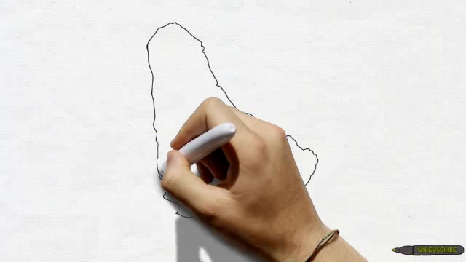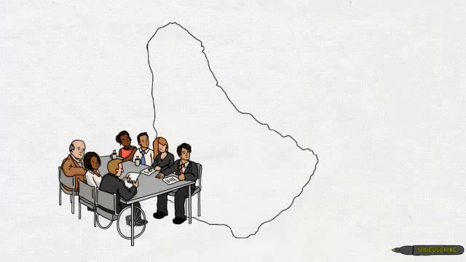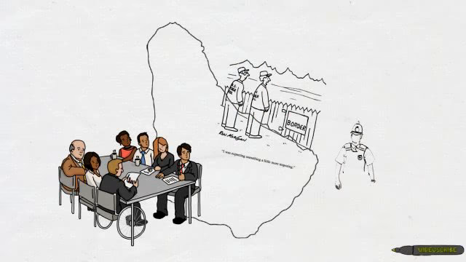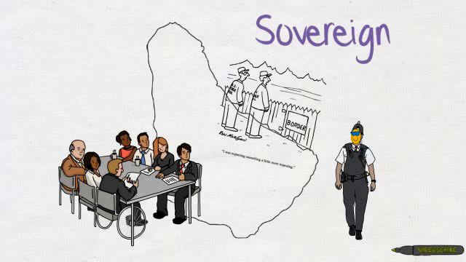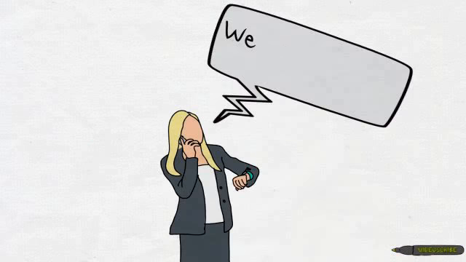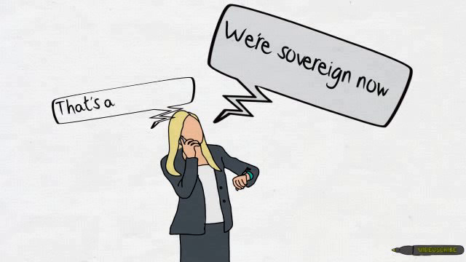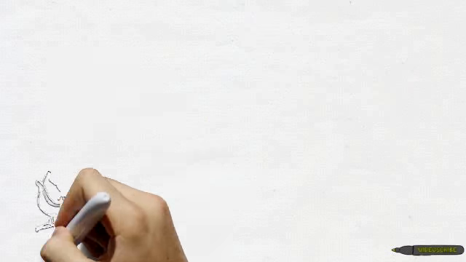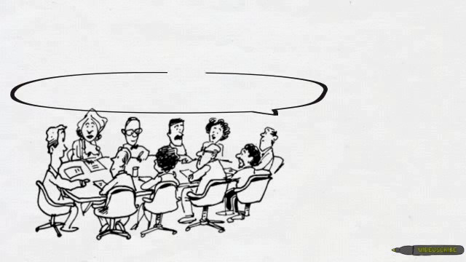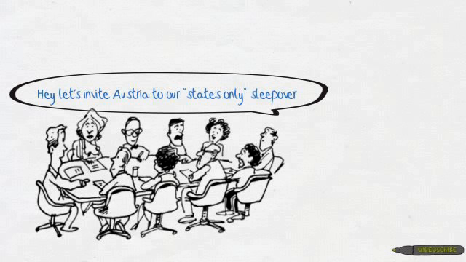So the state has the power to make laws, defend its borders, and enact policies. This power is called sovereignty. A country cannot obtain sovereignty simply by declaring it. Once foreign countries begin to recognize the country and treat it like a state, it then becomes a state.